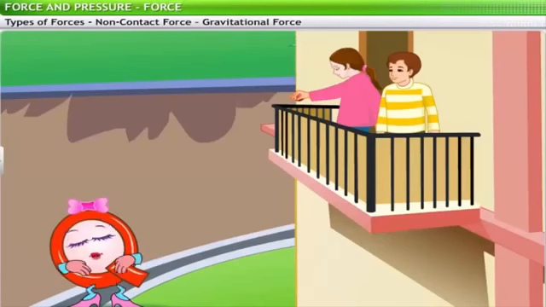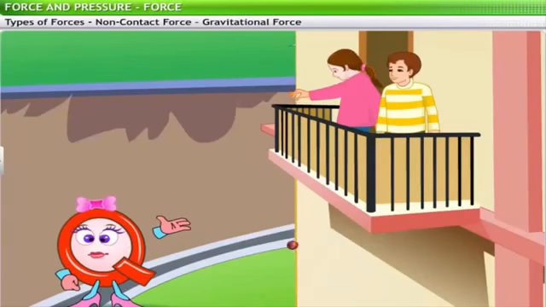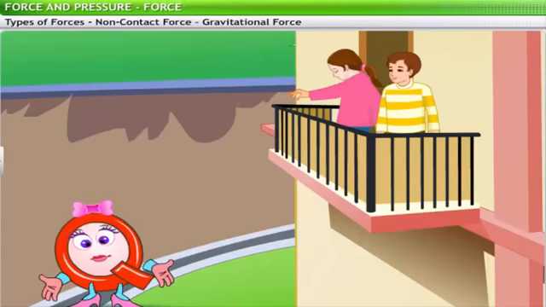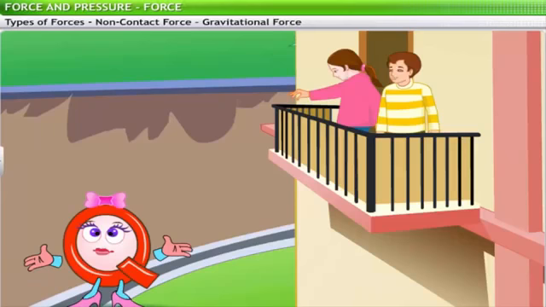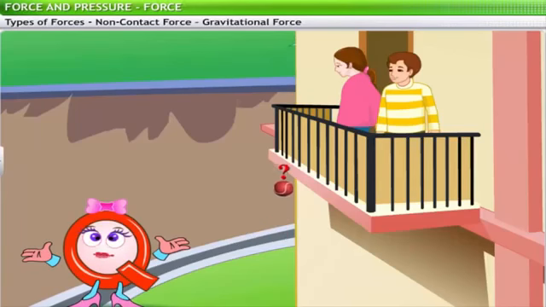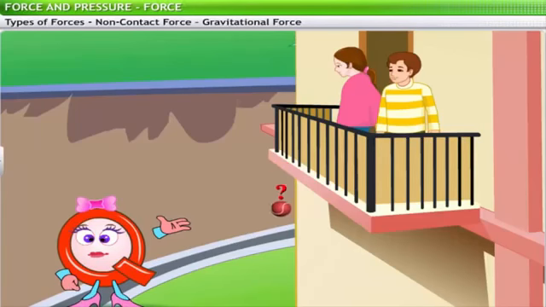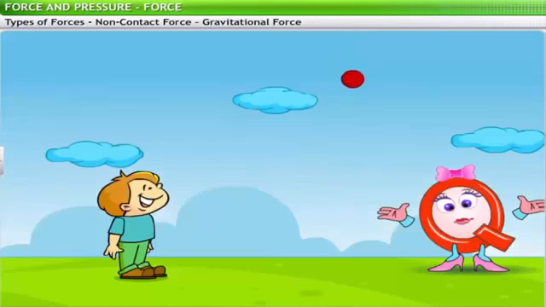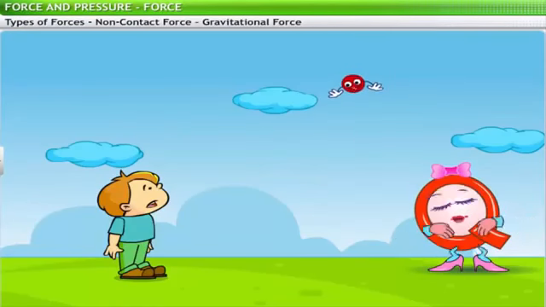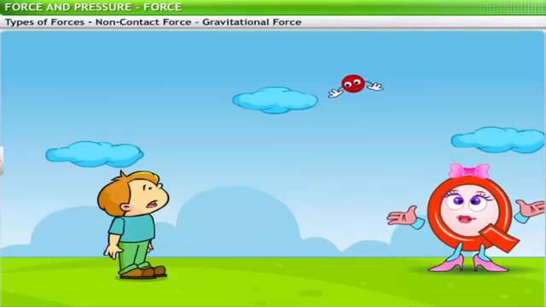Now, let's see Tina drop a ball from the balcony. Now I'll have to go down to get it. But why do you think it went down? Why didn't it float around in the air? How can it? Everything comes down to earth, whatever height you drop it from. You're right. But there is a reason for that.